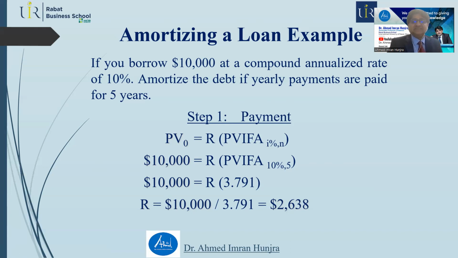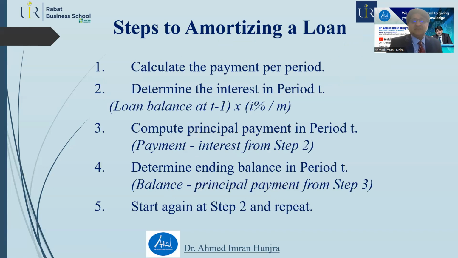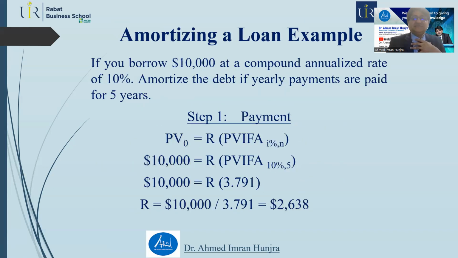In this case, what are the steps? I borrow, so I have this 10,000. This is the present value I have. So I need to return this borrowed amount in equal installments for 5 years at the rate of 10%.